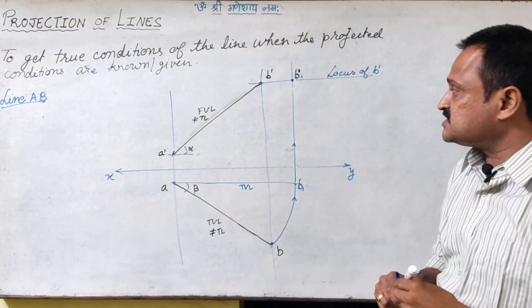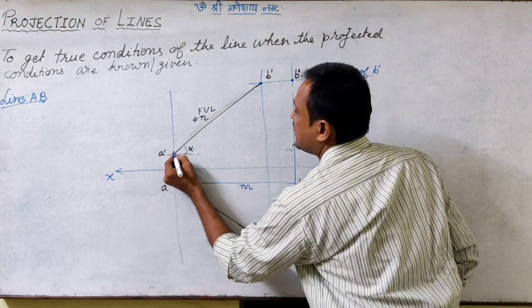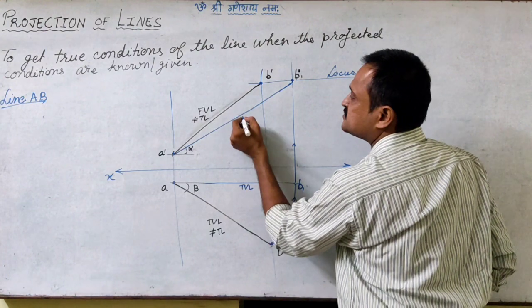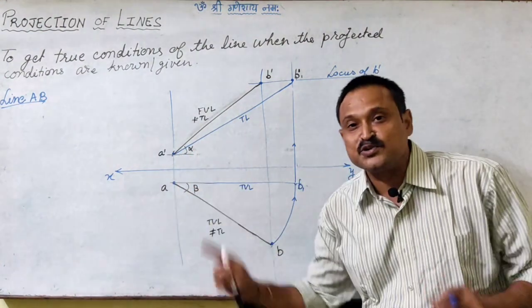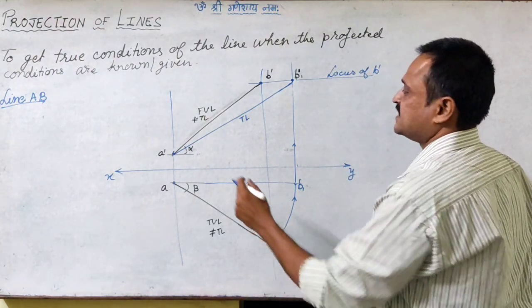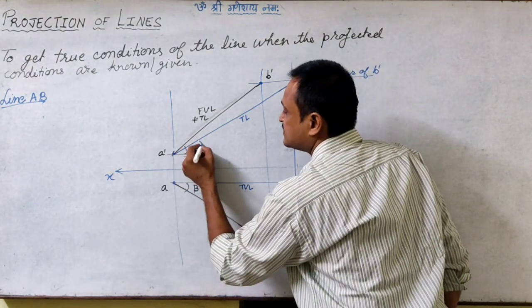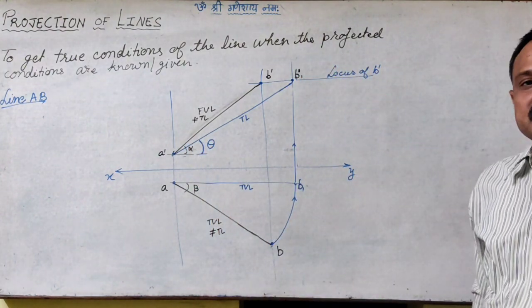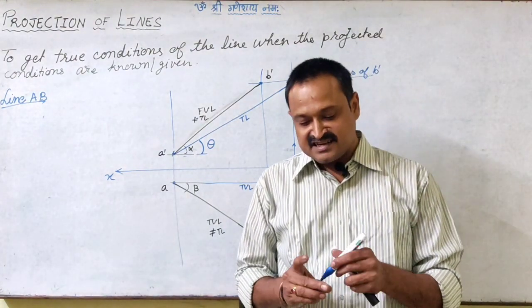And in this position, if I join A dash B1 dash, this must be the true length condition of that line, or the true length image of that line. So here we have determined the true length, and this true length's inclination with the horizontal will be the true inclination with HP, that is theta.